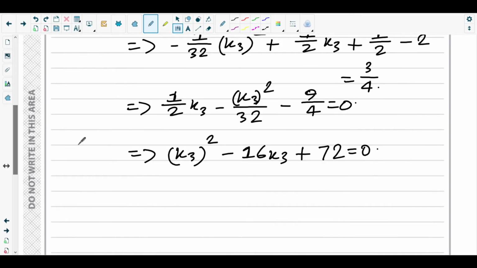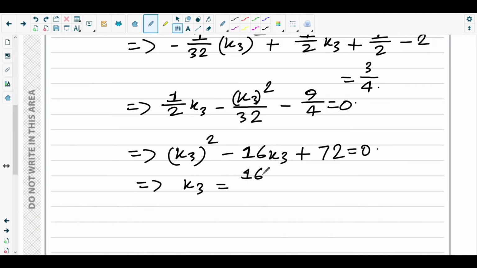Fine. Now we need to solve this quadratic equation. Is it possible to factor the middle term? 72. Yes. 12 times 4, it doesn't work. 18, yeah, 18 also doesn't work. Okay, let's use the quadratic formula.